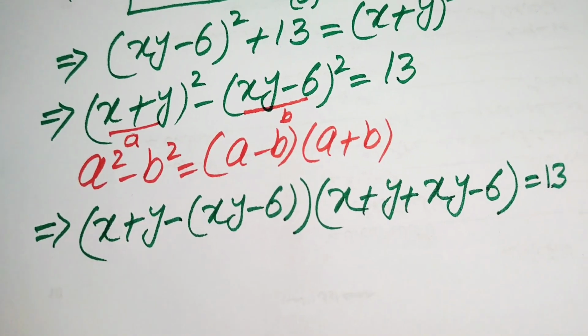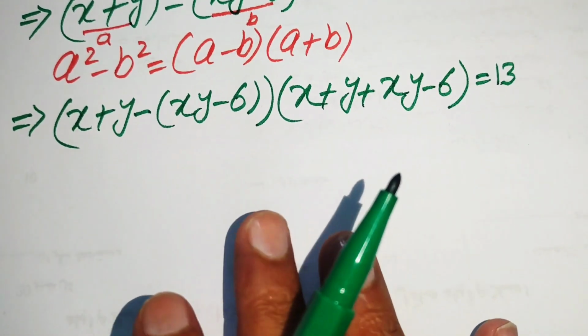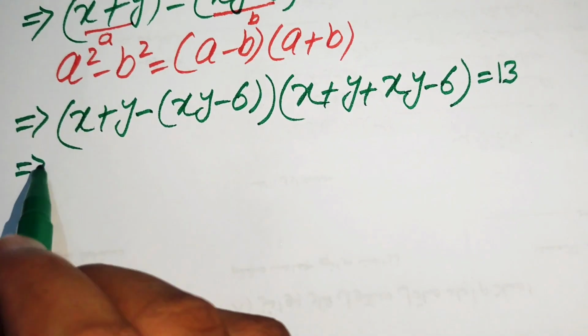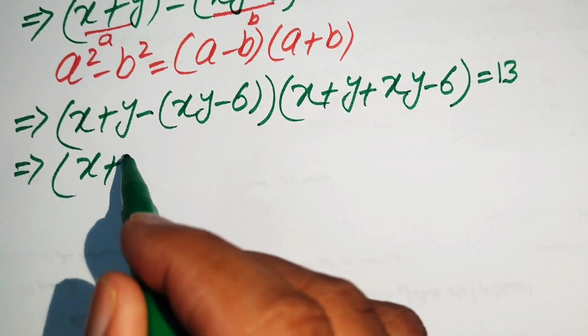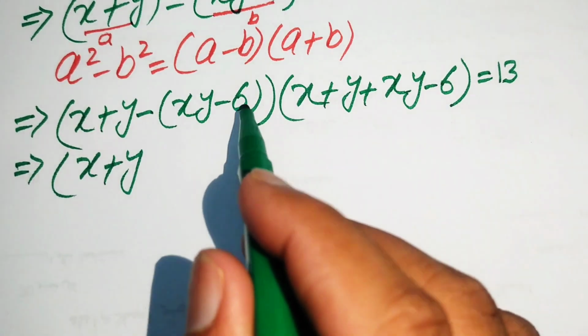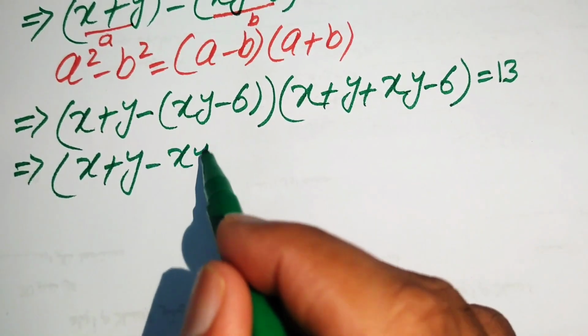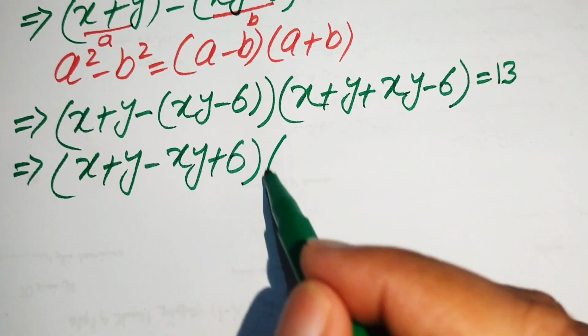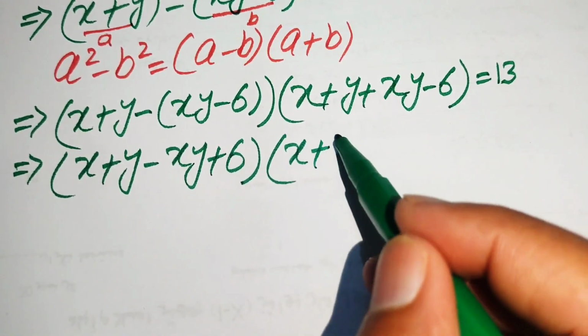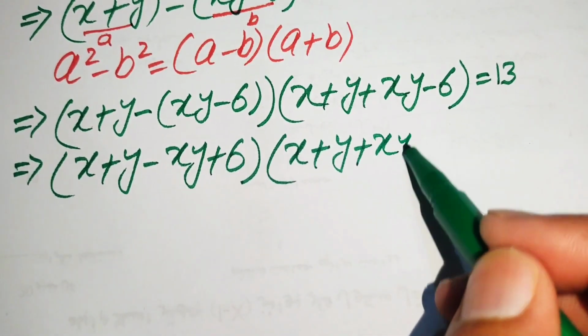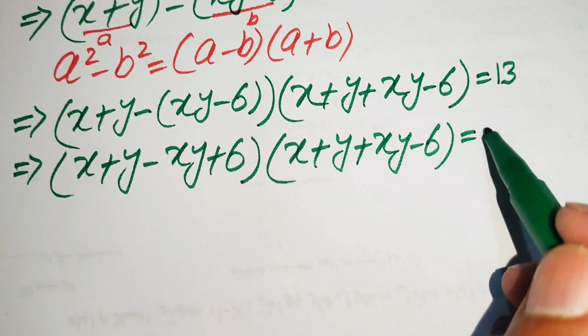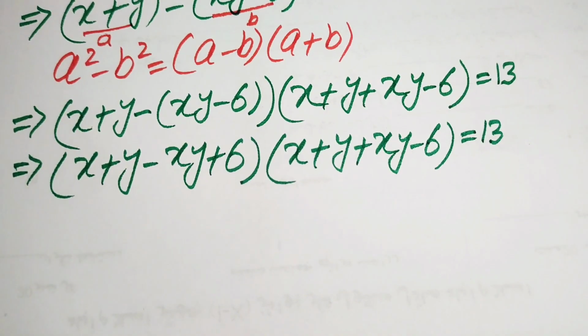In the next step, we need some simplification, and we write it as x + y, and we multiply this minus sign on both of these terms, and it will be written as (x + y - xy + 6), and in this case we have (x + y + xy - 6) = 13.